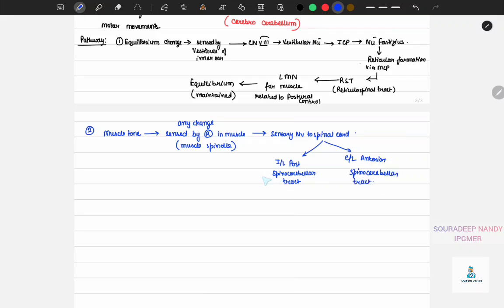This information is carried through the inferior cerebellar peduncle, then to the nucleus interpositus.